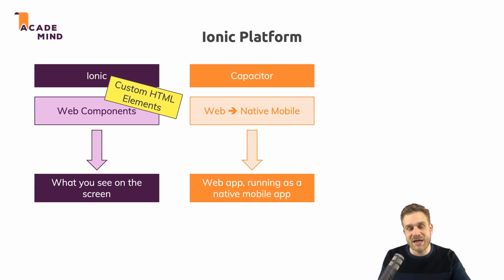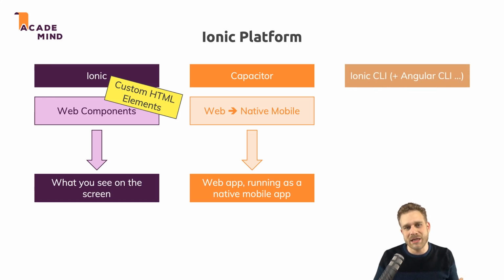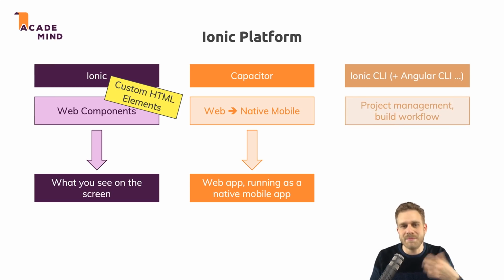Now, to finish this slide, though, Ionic is also not just this package of web components and Capacitor, it also is the Ionic CLI, command line interface. This is a tool you use to create and manage your Ionic projects. Behind the scenes, it actually works together with, for example, the Angular CLI when you're using Angular to build the web app, but it also works together with Vue or Create React App.